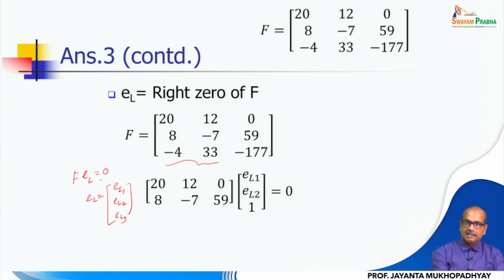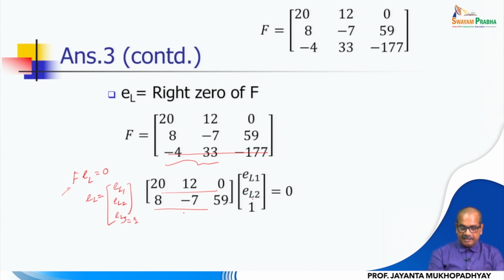But since we already know this is a rank-deficient matrix, one of them is redundant. So I will set EL3 equal to 1 and ignore the third equation. I will only consider the 2 rows to form 2 equations in EL1, EL2, 1.